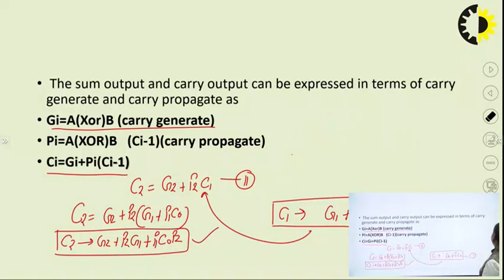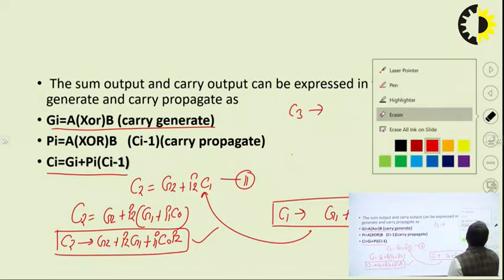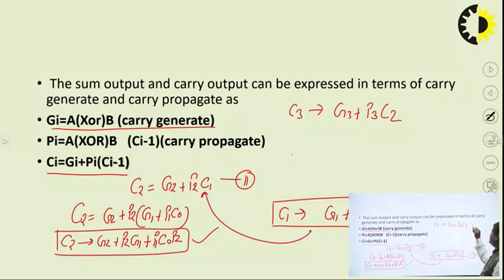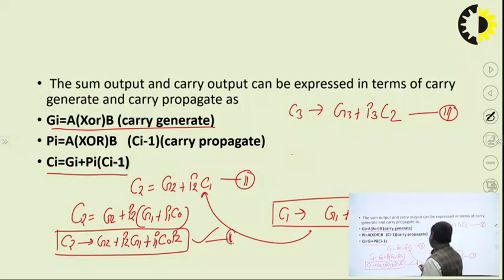Now the value of C3, what is the formula? C3 is G3 plus P3 and C2. Then we substitute the value of C2 in this equation number 3 with the help of this equation.